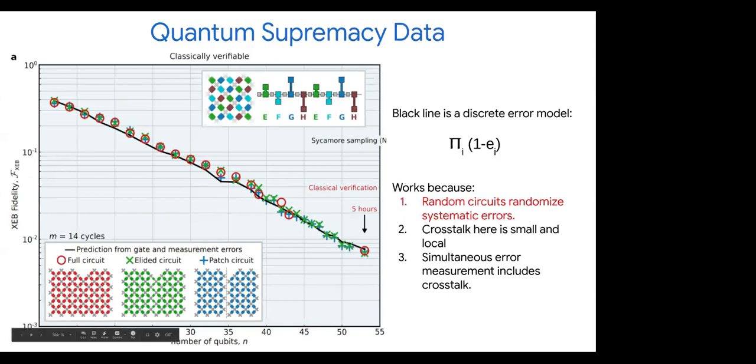The red circles are the result of the cross entropy benchmarking fidelity estimator for the full circuit. Up to 38 qubits, that's not very hard to do. For 38 qubits, you need to run on workstations with more than 2 terabytes of RAM, but you can just log in to Google Cloud and Google Compute and just rent one of these machines, so that's easy.